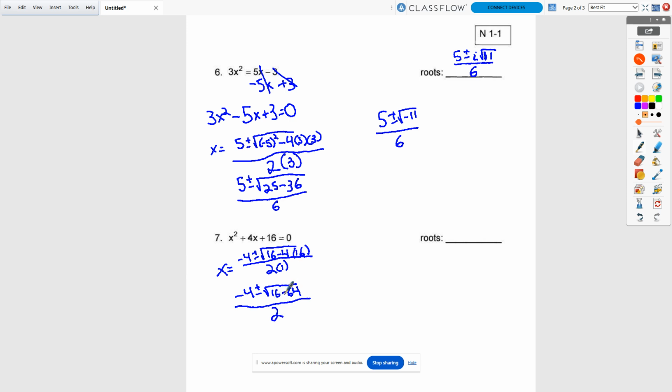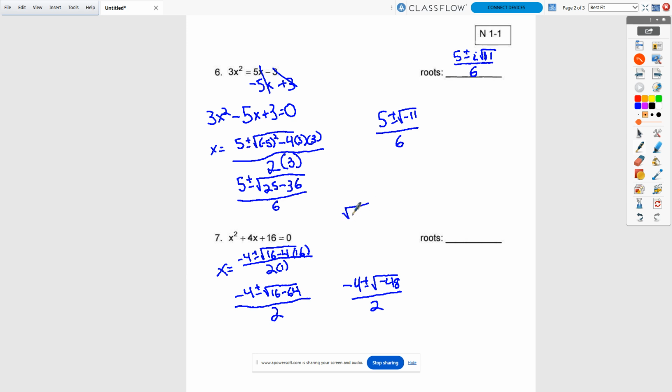And then when I subtract that out, it could give me negative 48. So I've got negative 4 plus or minus the square root of negative 48 over 2.